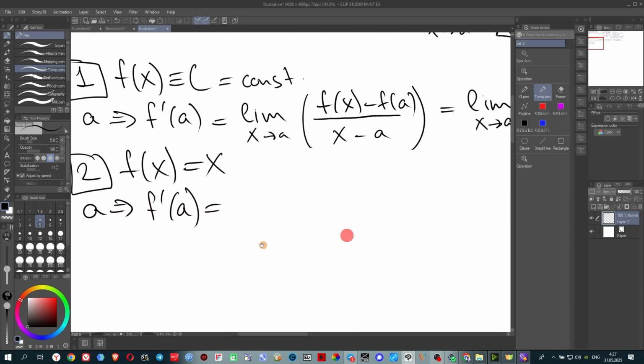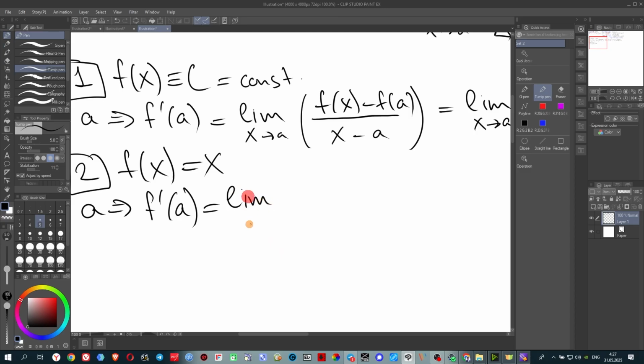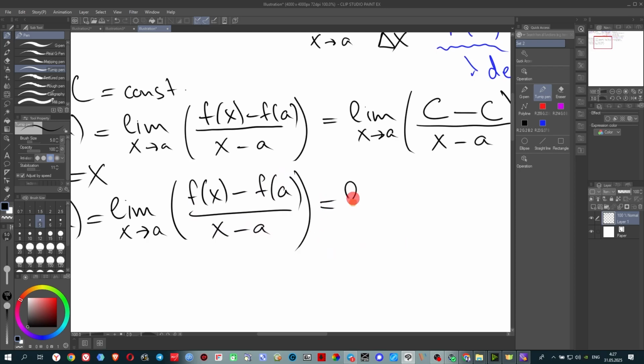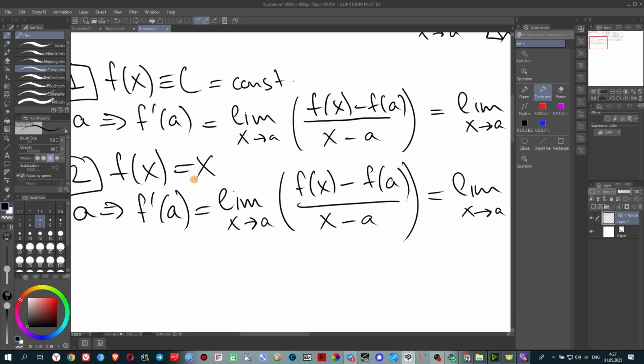Let's write the formula. Okay, again, limit. For our convenience, let's write it again. Not a problem for us. f of x minus f of a, and x minus a. Again, please guide me. What should I write here? Limit x goes to a. Okay, instead of f of x, what should I write? It's x.